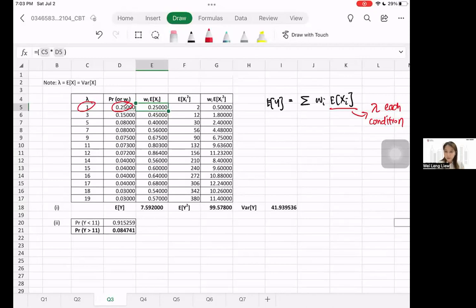And so on, moving down the table, you continue to multiply the probability, which is your weight, with your individual lambda. After that, you sum it up, you will get 7.592.